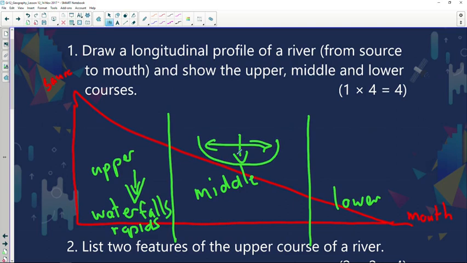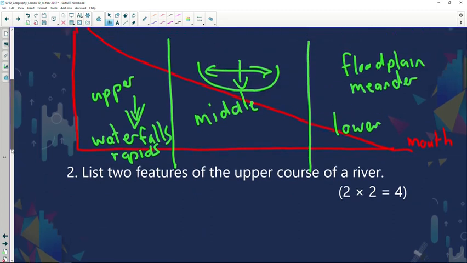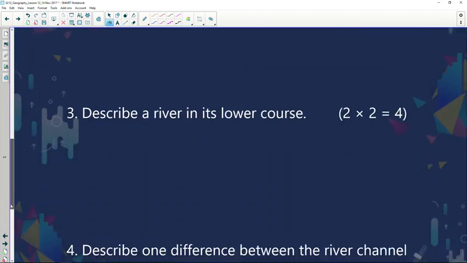We experience deposition. All of the material that's being eroded is being deposited over there. So if you look at features that form at the lower course, the river starts to meander, well-developed floodplains, stream grading can take place, and the volume of water has increased.